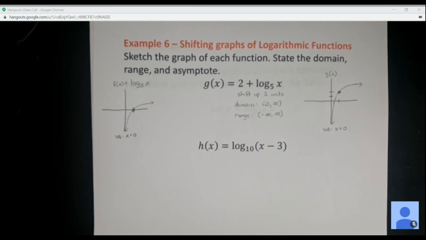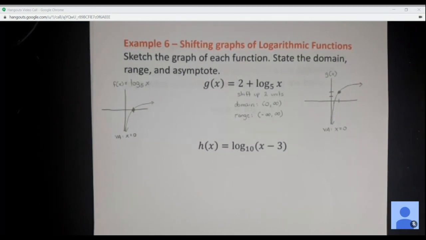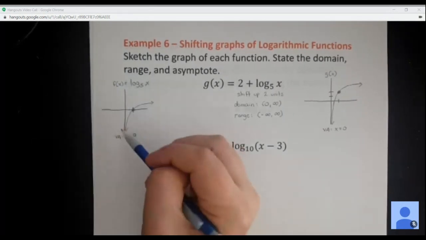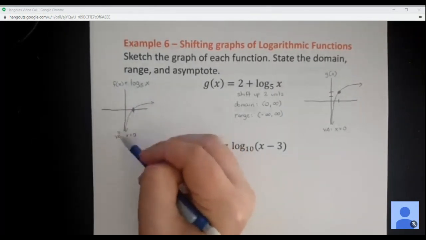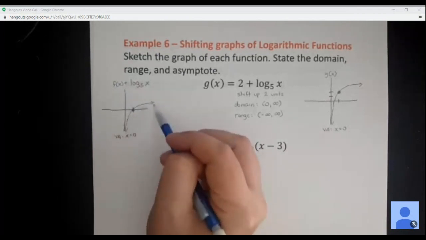Now, if we think about the base 10 log of x, though, what's it going to look like? Yeah, it's going to look very, very similar to the base 5 log of x, right? So we can kind of go back and just think, okay, this is our parent function, right? We're going to have almost the exact same graph.